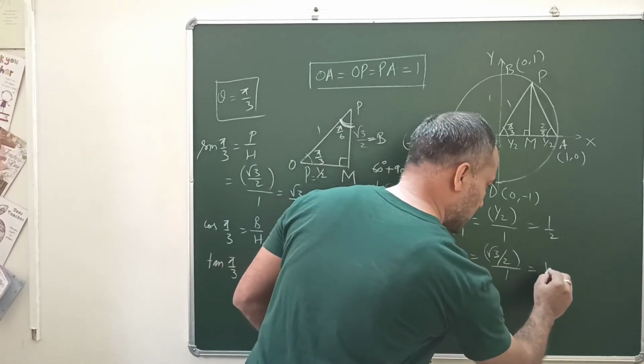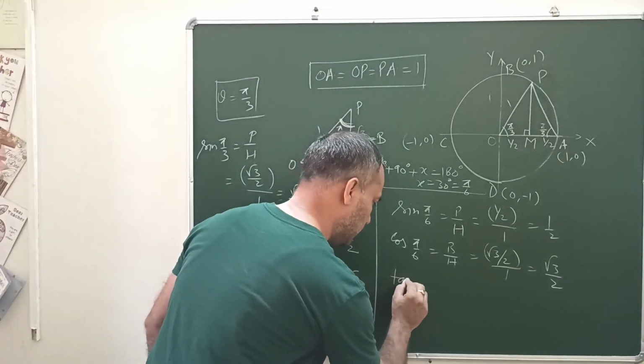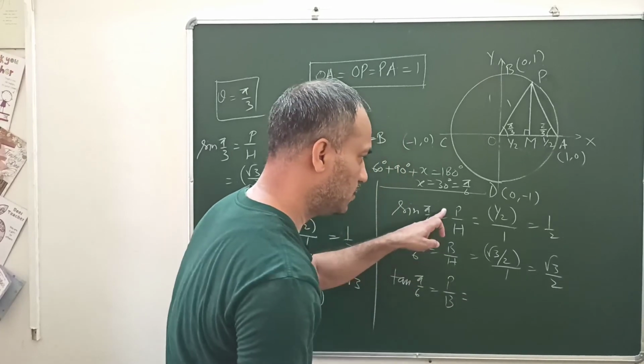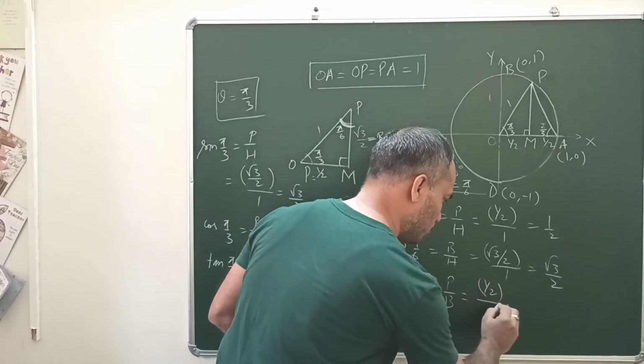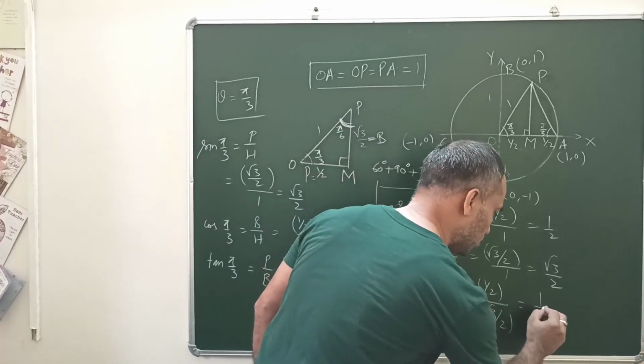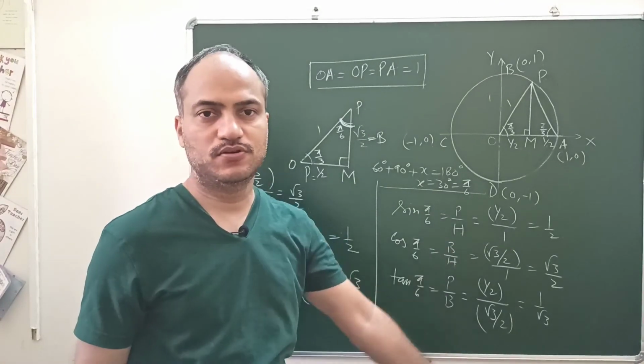Hypotenuse is 1, so the value is root 3 by 2. Now tan pi by 6, this is perpendicular upon base. Perpendicular is 1 upon 2. Base is root 3 by 2. Divide. So we get 1 upon root 3. Okay, for other t ratios, we can take reciprocals of these values.